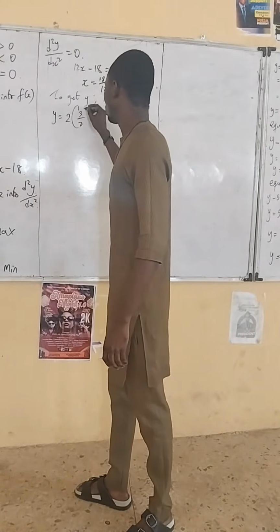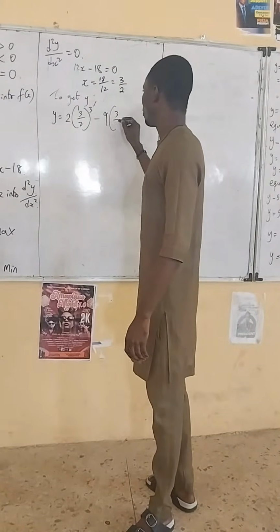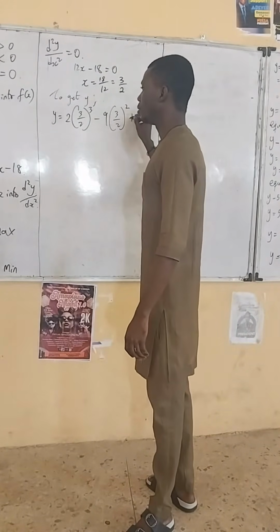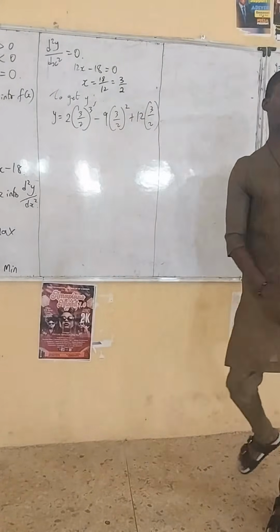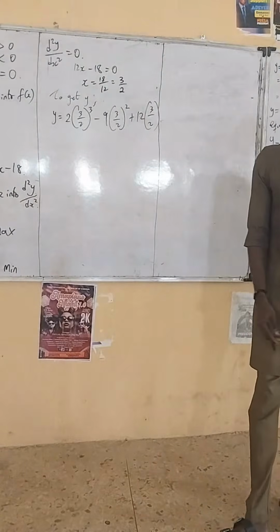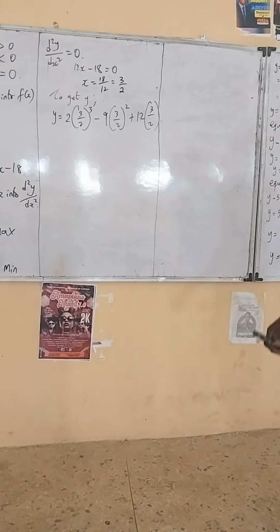into 3 over 2 cubed minus 9 into 3 over 2 squared plus 12 into 3 over 2. If you use your calculator, you can press everything once and you get your answer. And if you want to solve it too, you can.